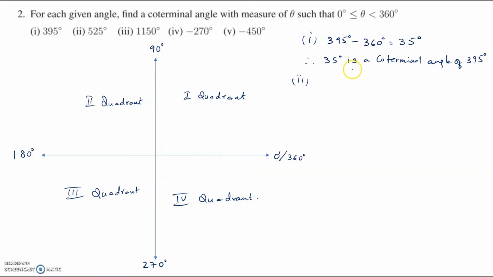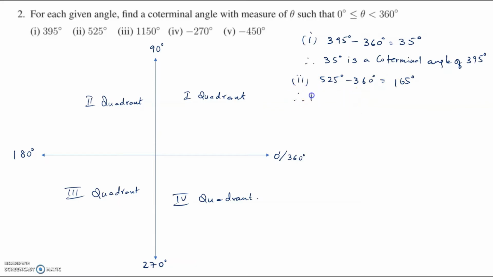So if we subtract 360 from 525, we should be able to get the angle. So 525 minus 360, and 5 minus 3 is 2, and 4 minus 3 will be 1, giving 165 degrees.